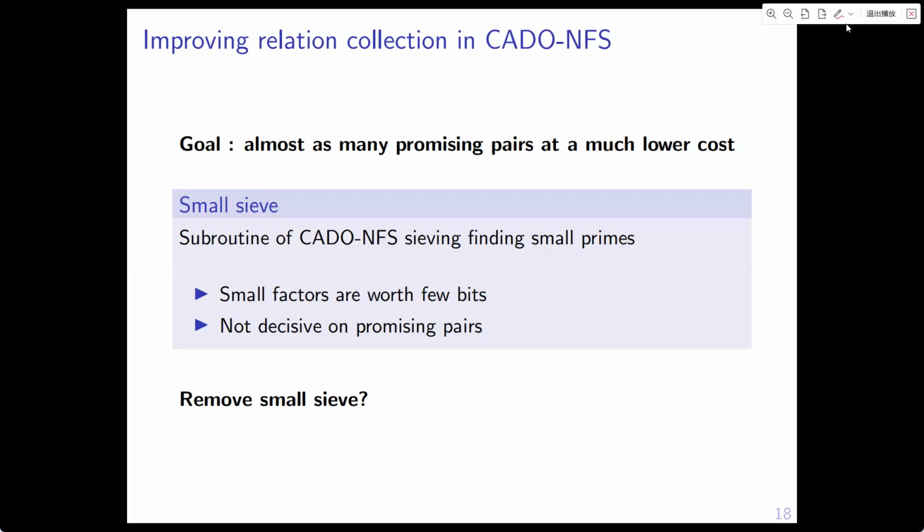Small factors are worth few bits, and we found they are not decisive for promising pairs, which means the medium sieve might be enough to decide whether or not a pair will be promising. So our intuition was to remove the small sieve and replace it with a different subroutine, which would still get the very small factors.